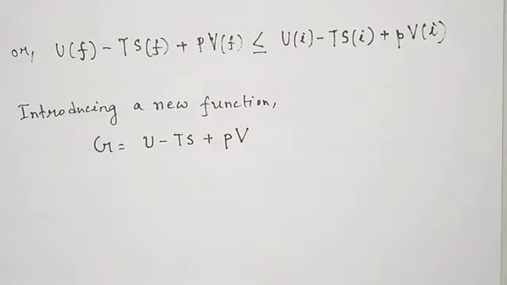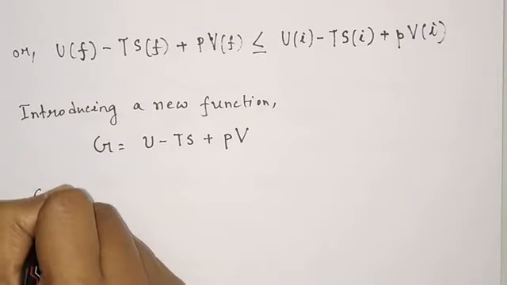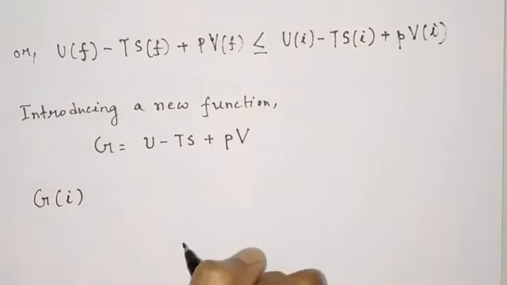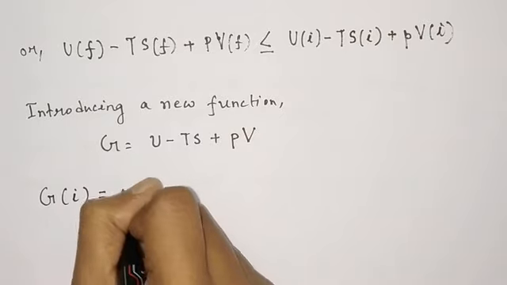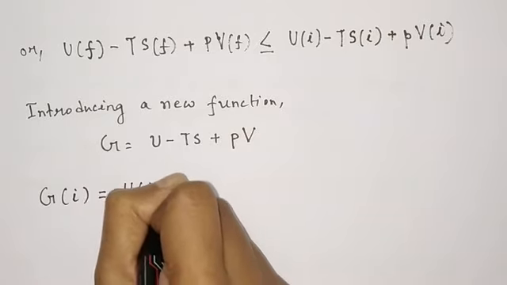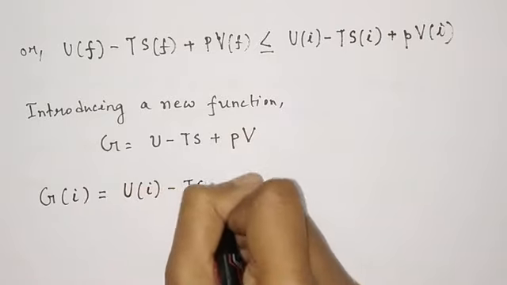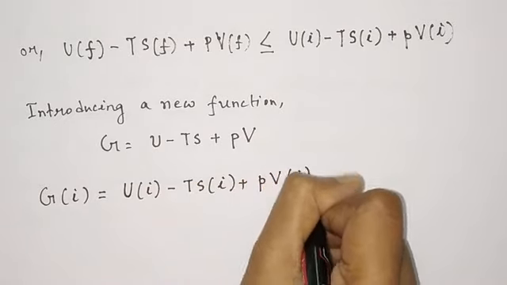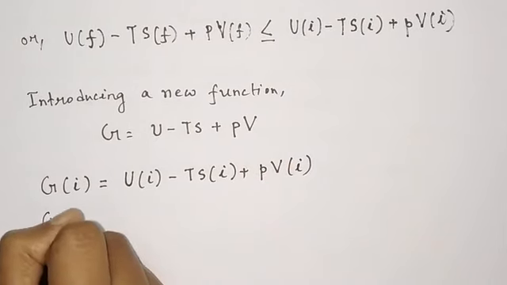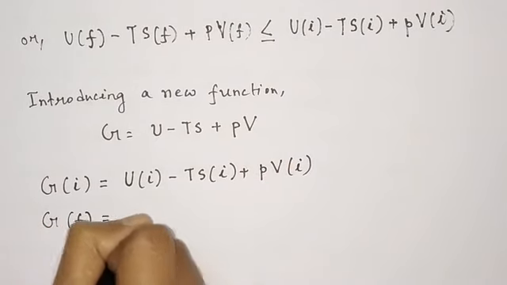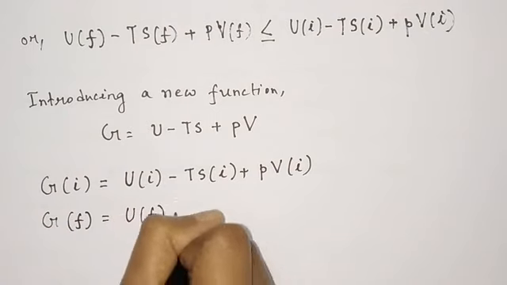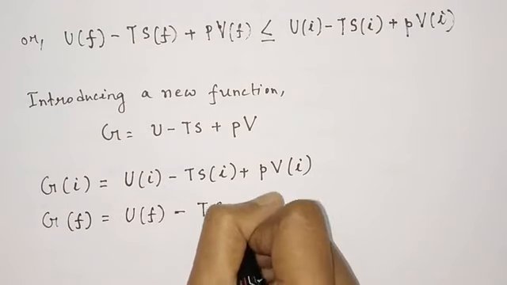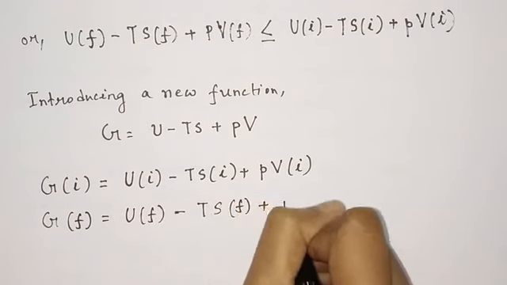So Gi will be this new function for the initial state, Gi is Ui minus TSi plus PVi, and this new function G for the final state will be Uf minus TSf plus PVf.